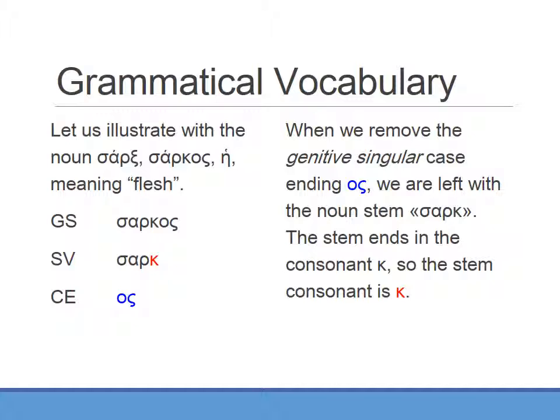So when we remove the genitive singular case ending, we are left with the noun stem. The stem for a third declension noun will end in a consonant. In this case, it is the consonant kappa. If you look at the nominative singular sarx, you cannot figure out from that what the noun stem is. You have to look at the genitive singular.